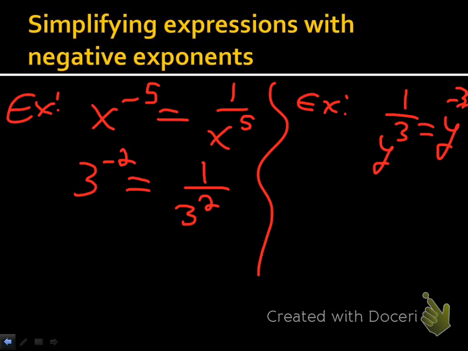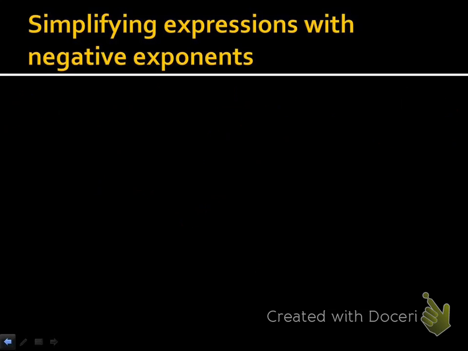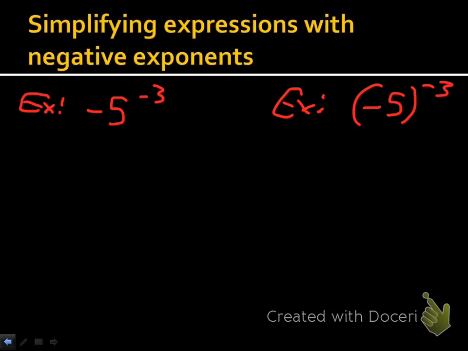Let's do maybe a little bit more complex examples here. I want to touch on something that's really, really important. These are two examples that look really similar, but the parentheses make all the difference in the world. This first one is a negative quantity, negative 5 to the negative 3. Over here I've got negative 5, that quantity, raised to the negative 3.